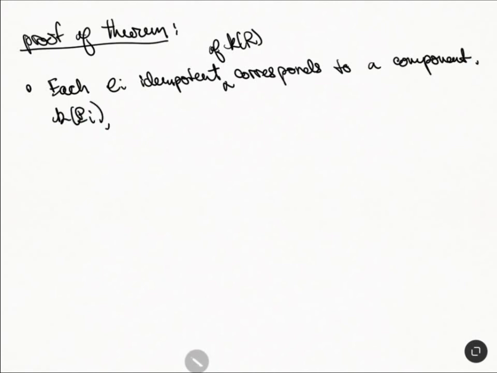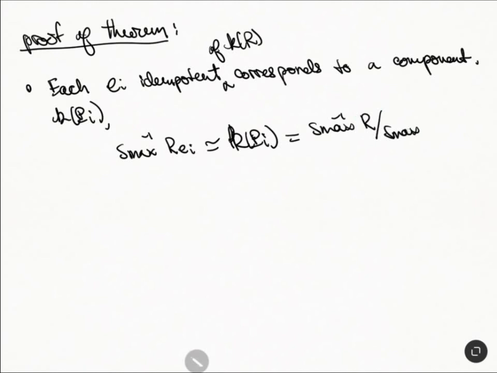So in particular we'll have that R e_i is isomorphic to kappa of p_i, and this is the quotient R mod p_i. Okay, so this is the minimal prime ideal.